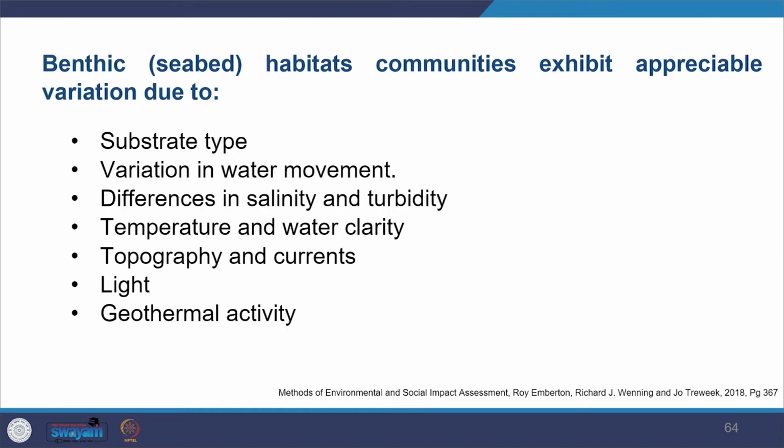Looking at the substrata type of this sublittoral habitat, this largely controls the range and types of organisms which are present in the area, and there are a lot of differences in the salinity and turbidity in this particular area, and there's also variation in the temperature and water clarity. You would also see a difference in topography and currents, light and geothermal activity in this particular zone.